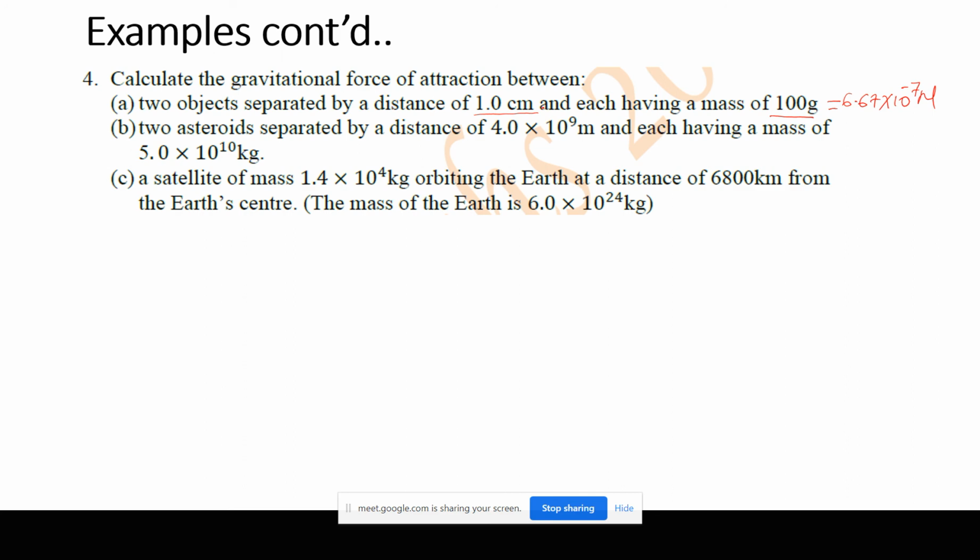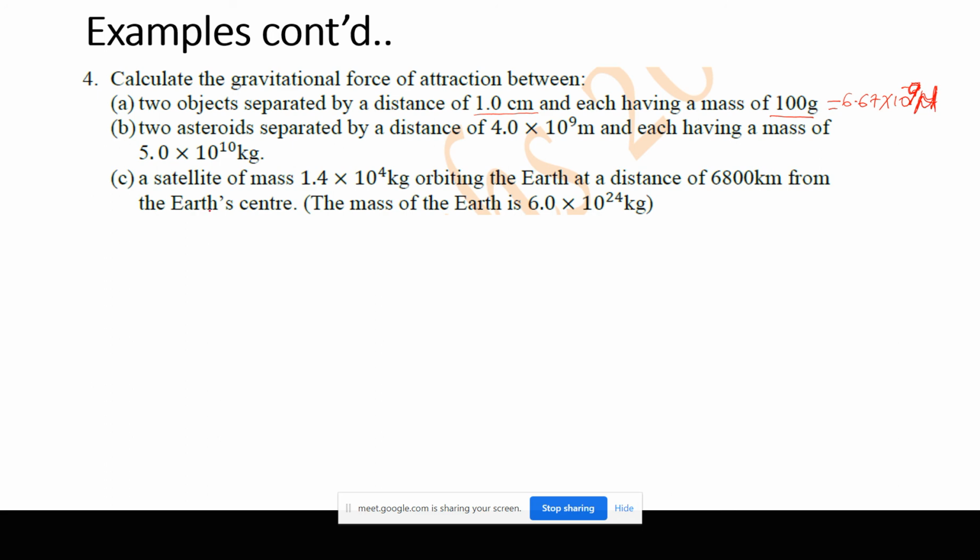I didn't change it. So when you change the units, that would be 6.67 times 10 power negative 9 newtons.